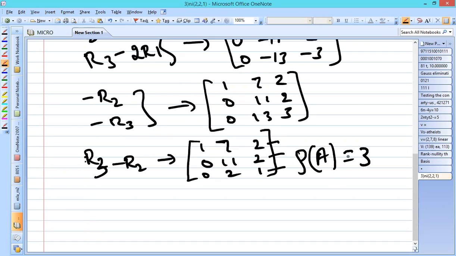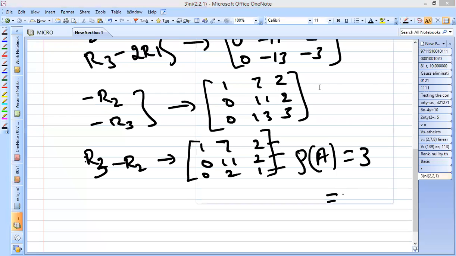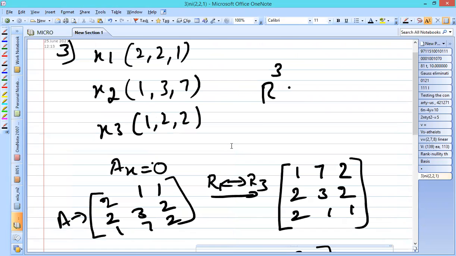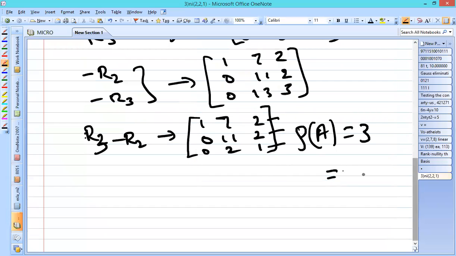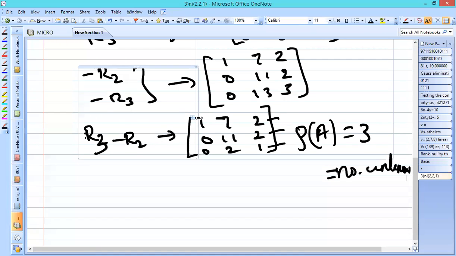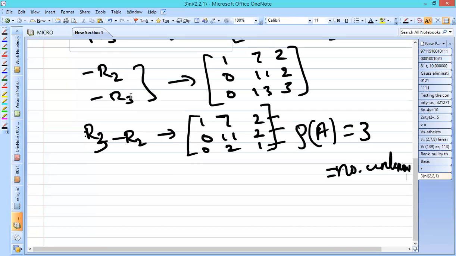This 3 is also equal to the number of unknowns. The number of unknowns here is 3, that is x1, x2, x3. Since the rank equals the number of unknowns, x1, x2, x3 are linearly independent and they form a basis in R3.